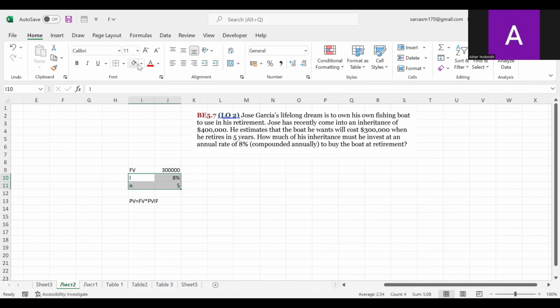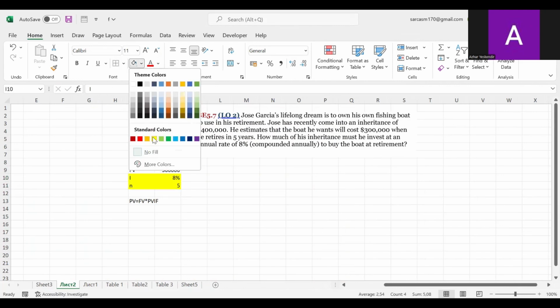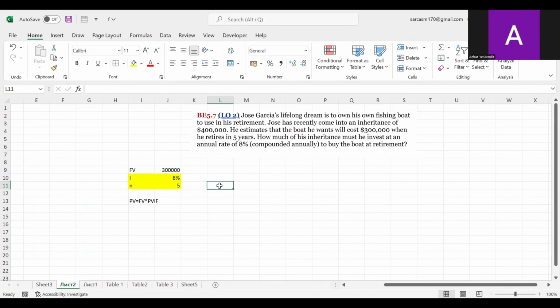Out of these two numbers, we've got that present value interest factor is 0.6806. All right.